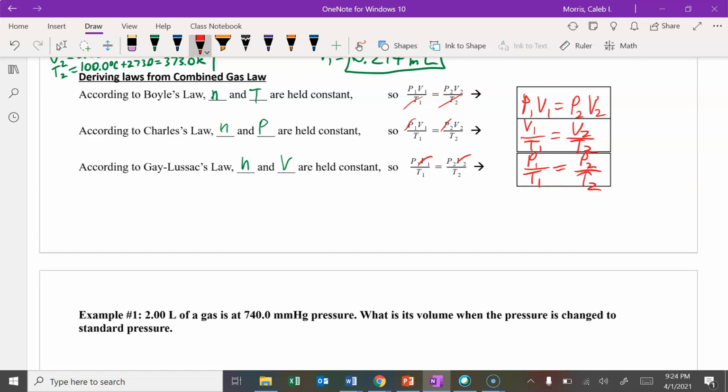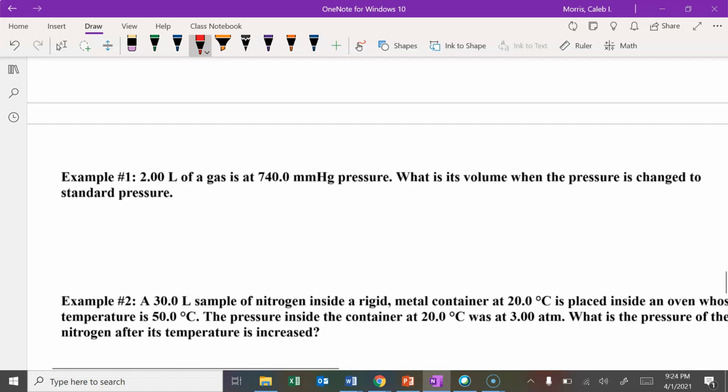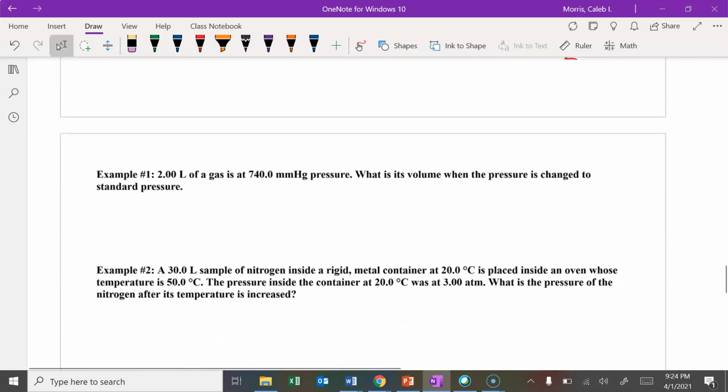Now, this next example maybe illustrates a little better what I want to get at. So let's look at example number 1. I'm going to use my formula. The combined gas law formula is P1 V1 over T1 equals P2 V2 over T2.